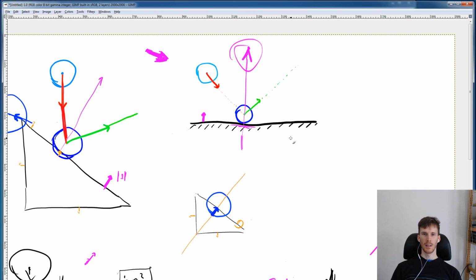And so that's what I want you to ponder on for next time, is how we're going to calculate this reflection.